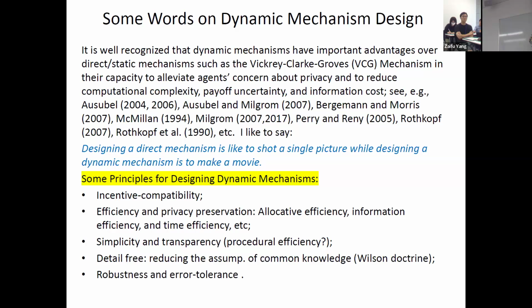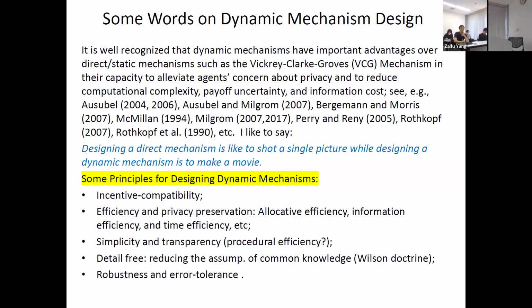Then the third one is that the rules should be very simple and easily understandable. So we might call this procedural efficiency. Then the fourth one is about being detail-free. So we should not impose too many assumptions of common knowledge. So this is called the Wilson doctrine.